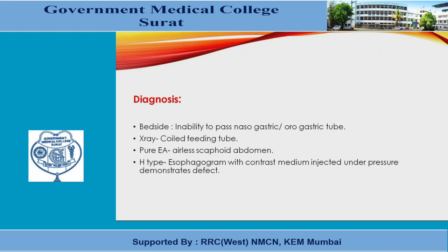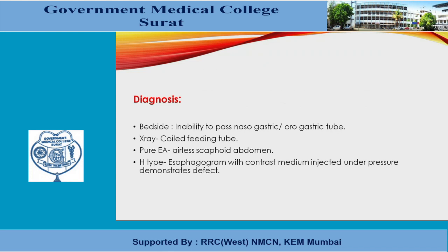Diagnosis is done at the bedside by inability to pass a nasogastric or orogastric tube. The feeding tube passes through the oral or nasal route, and it should go up to the stomach, but it does not go down, and it causes coiling of the feeding tube, which can be seen in the X-ray.